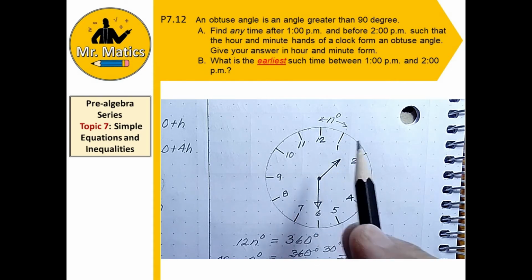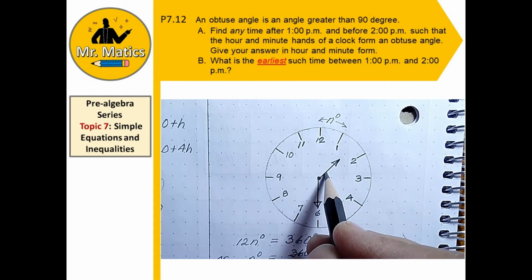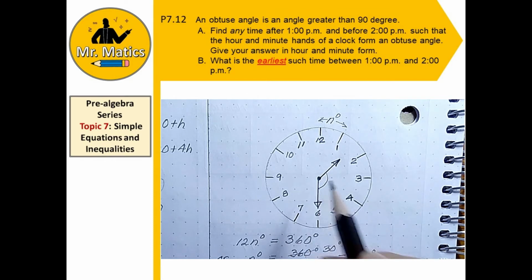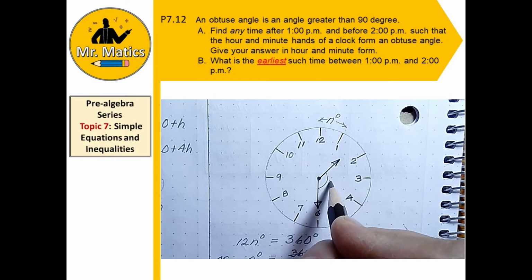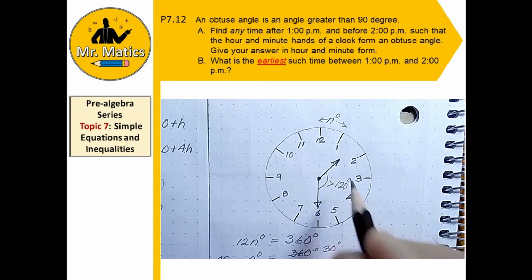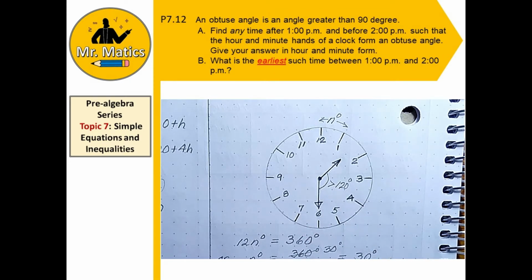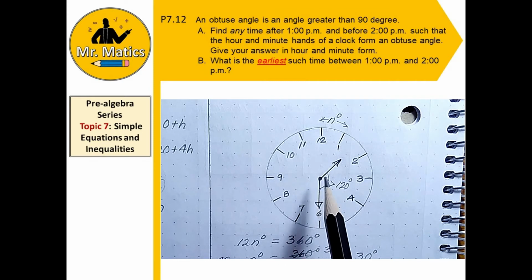So the angle, whatever that angle is, is greater than 120 degrees. Therefore it must be an obtuse angle. That's what they're asking for: any time which has more than 90 degrees between the two hands.